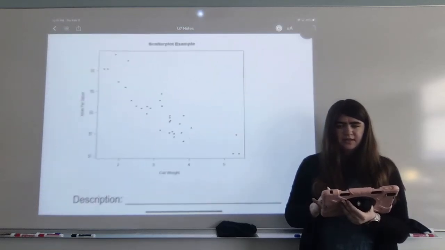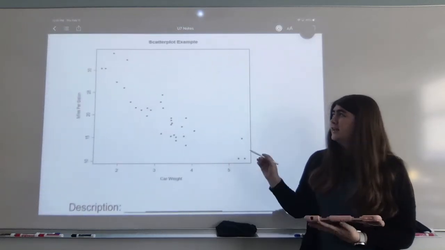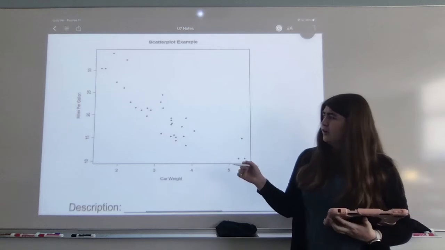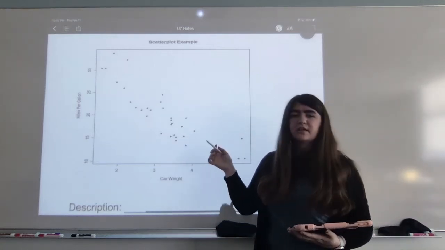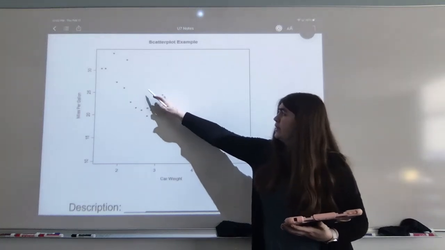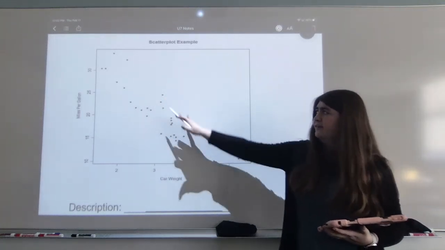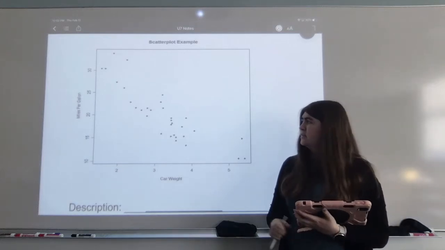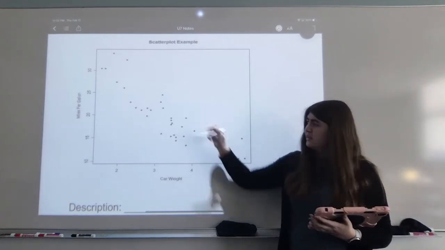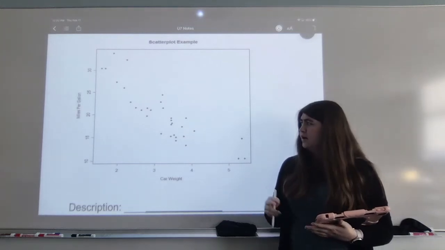All right, let's take a look at this example here. Looking at this graph, I'm going to start with my form. I'm going to say it is pretty linear. It's not a straight, complete line, but it's going in a line direction. So it's kind of a line. The direction, it's negative, it's going down.